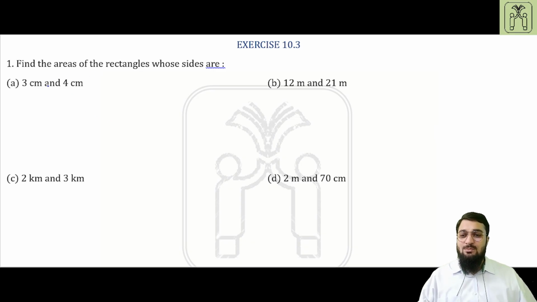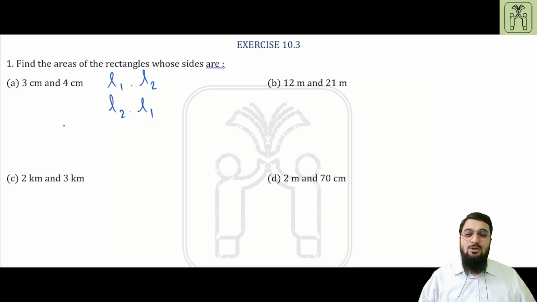Exercise 10.3, question number 1 says: find the area of rectangles whose sides are 3 centimeter and 4 centimeter. Now make sure you do not have any confusion between length and breadth or width, because L1 into L2 can be written as L2 into L1. It does not matter.